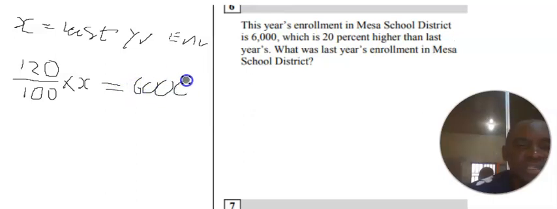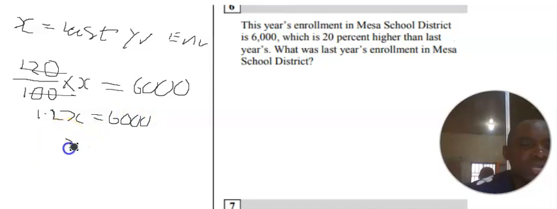So it's really very simple. And of course, this will be 1 point 2, so that's 1.2X is equal to 6,000.